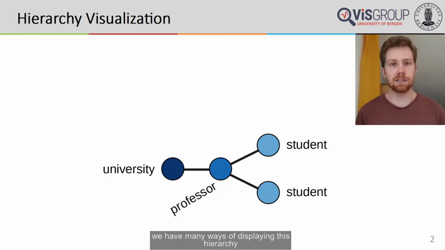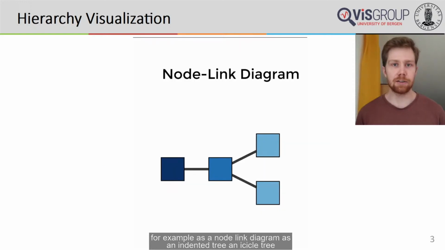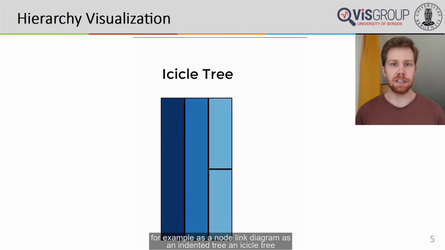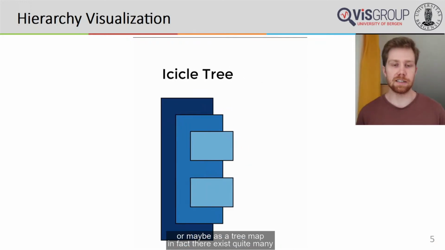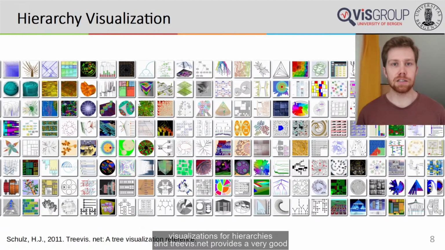We have many ways of displaying this hierarchy. For example, as a node-link diagram, as an indented tree, an icicle tree, or maybe as a tree map. In fact, there exist quite many visualizations for hierarchies, and treevis.net provides a very good overview.